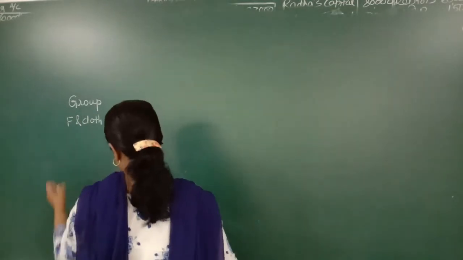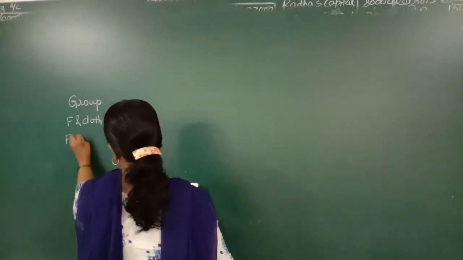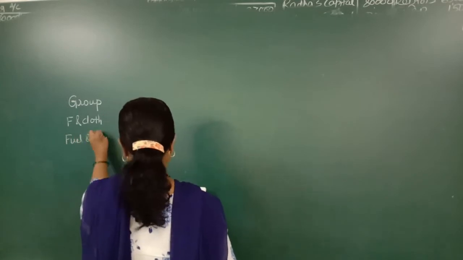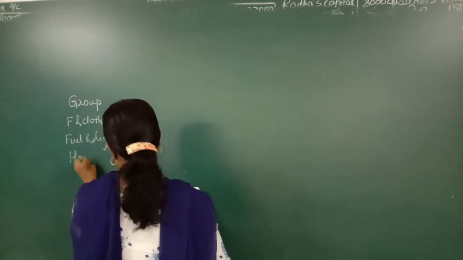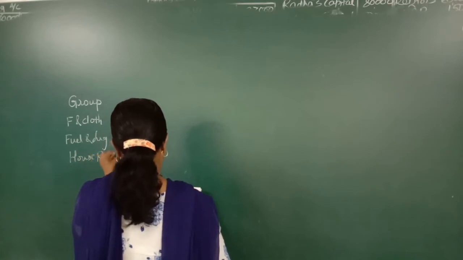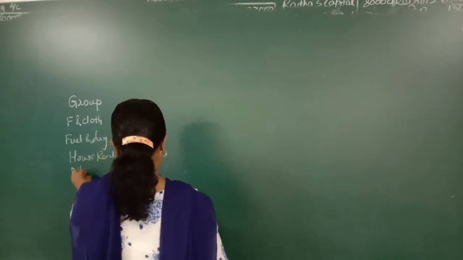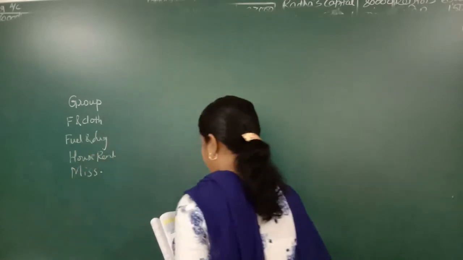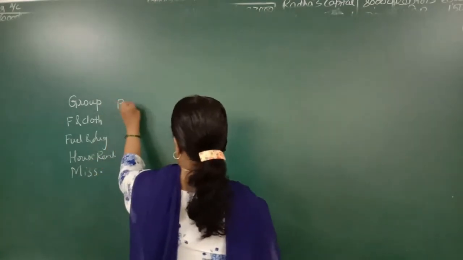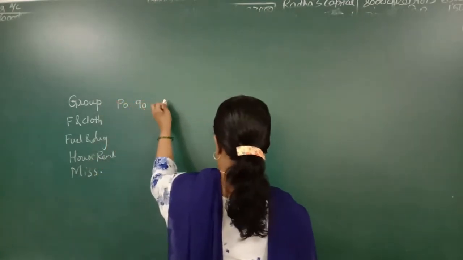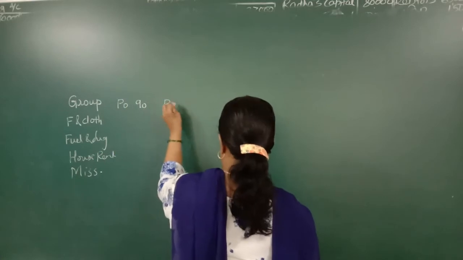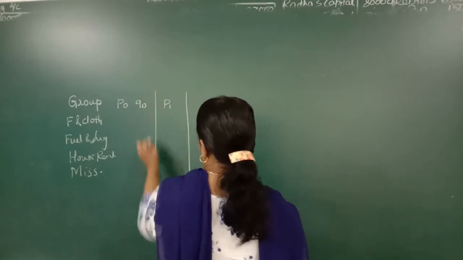Fuel and lighting. House rent. This is a family budget. And this is the miscellaneous. So P0, Q0, P1 is given. Current year.